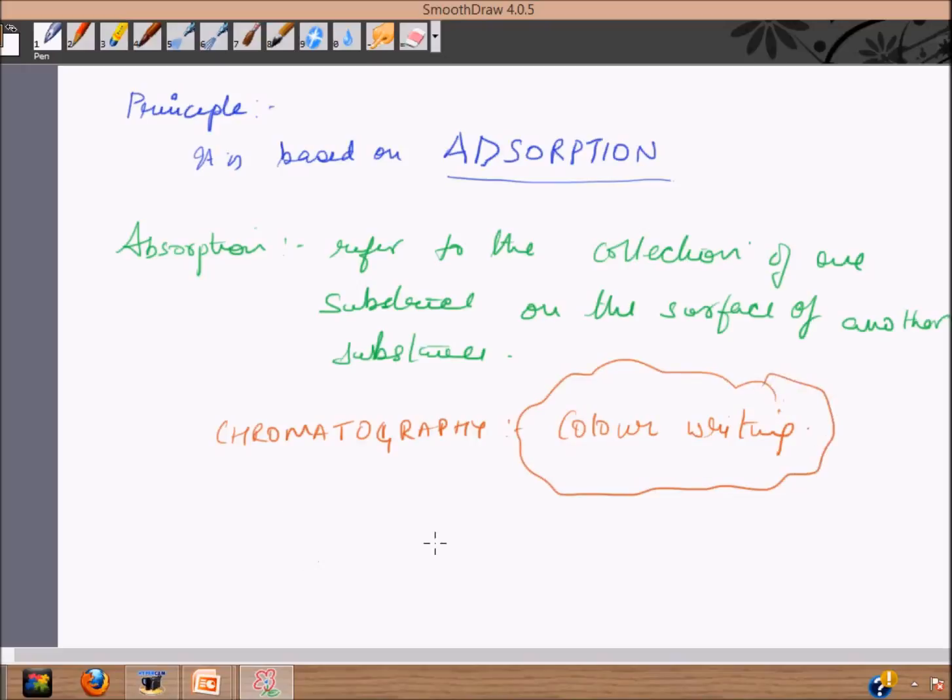It was originated by Michael Tswett in 1906. He used this method to separate mixtures containing colored substances, which when separated form distinct colored rings. These zones or rings are named chromatograms.